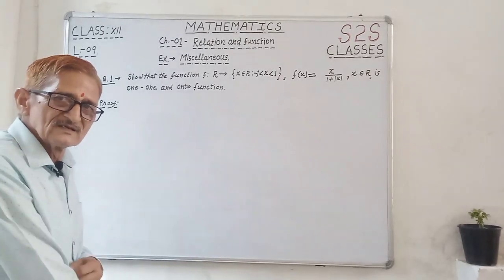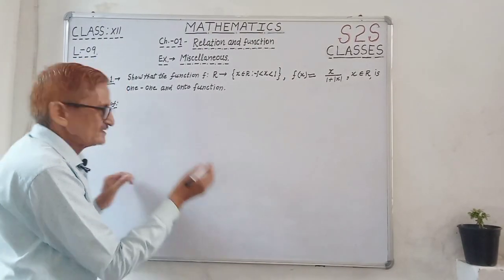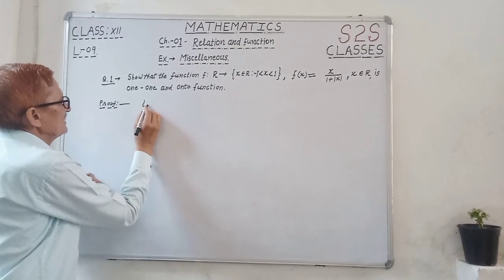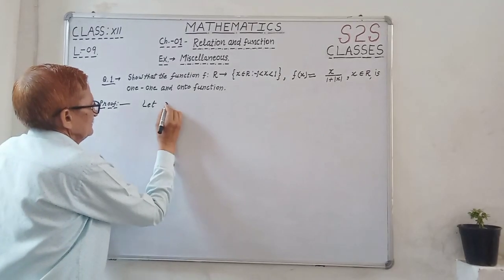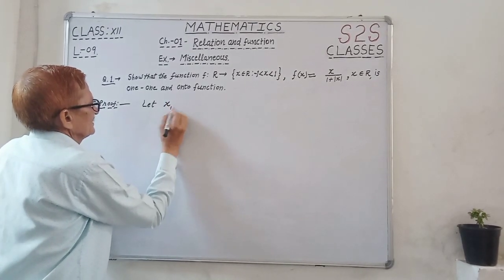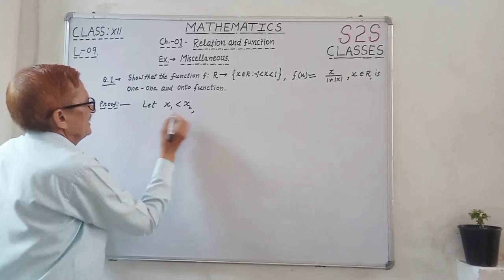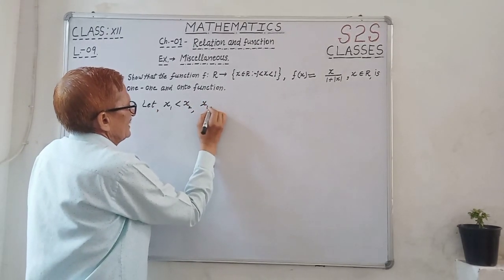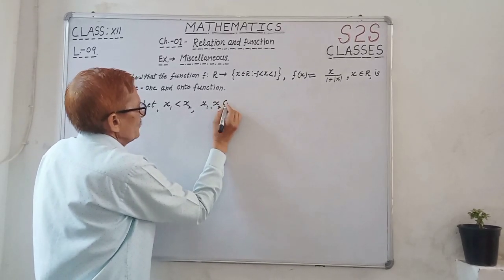Now in this, what proof for 1-1, what are we doing? Let two elements which are not equal in the domain, x1 and x2, for every x1, x2 belonging to the domain.